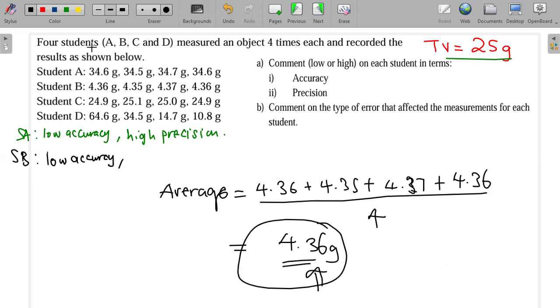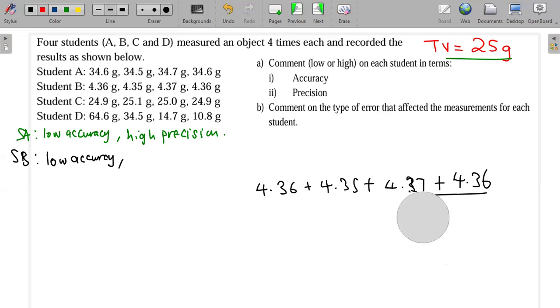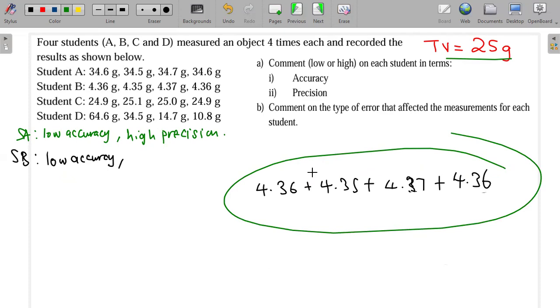We just look at the individual elements: 4.36, 4.35, 4.37, 4.36. Again, these are very close to each other, so we're going to say high precision. If I rounded all these values to the nearest one, I'd get 4. So they are all close, and the precision is very high.